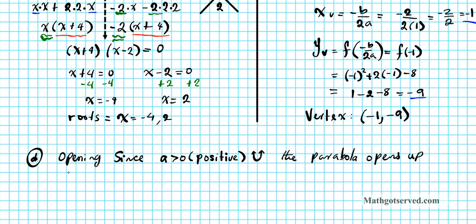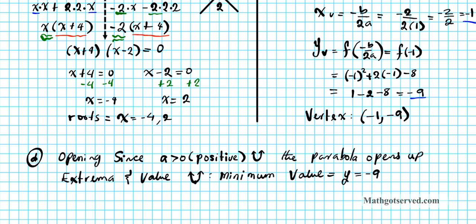Okay, and then the extremum value, since it opens up, the extrema is gonna be a low point, which is a minimum, right? So we're gonna have a minimum, and the value is gonna be the y-coordinate of your vertex, which is negative 9. Y equals negative 9.